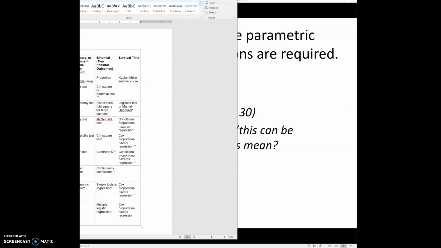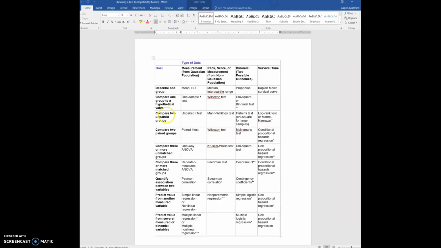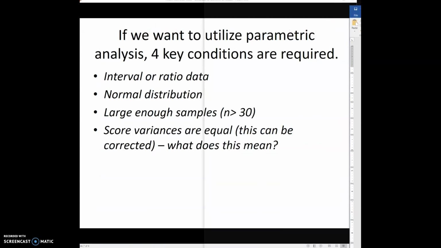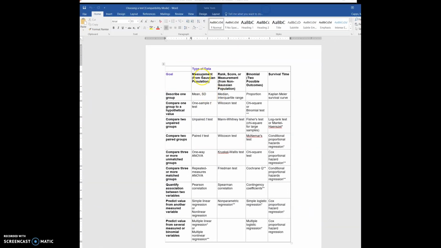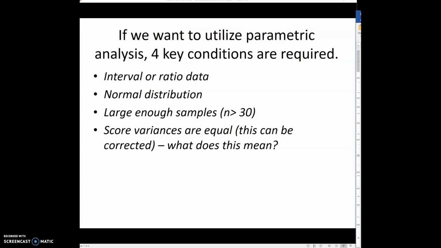And this will keep popping up again and again. You've seen this before. These are the types of data that we want to compare. These are the types of comparisons we want to make. So I'm going to go through a few of these, but basically for us to make this determination, which side of this are we in, this column or one of these other 3 columns, comes down to this.